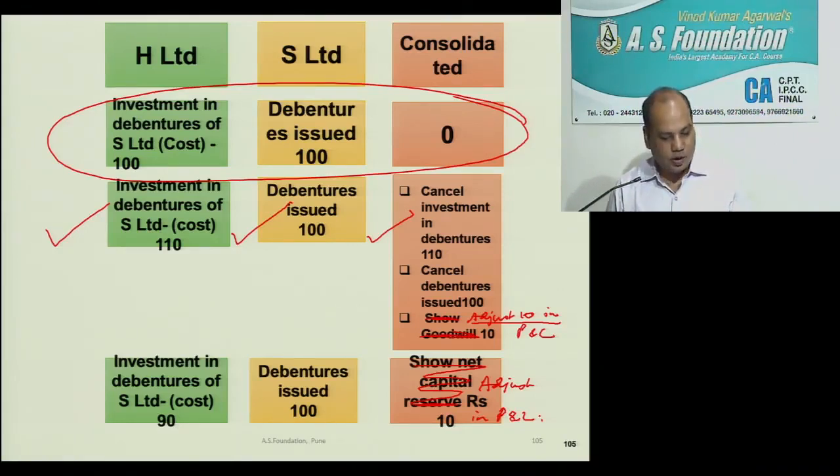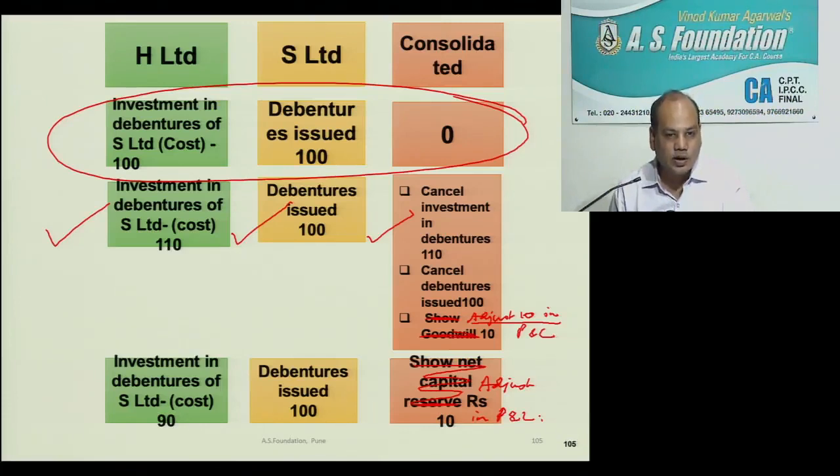So in short, if the debenture issued is different from cost of debenture, the difference is adjusted in profit and loss account. Earlier in the institute, earlier answers, they used to adjust it against goodwill or capital reserve.